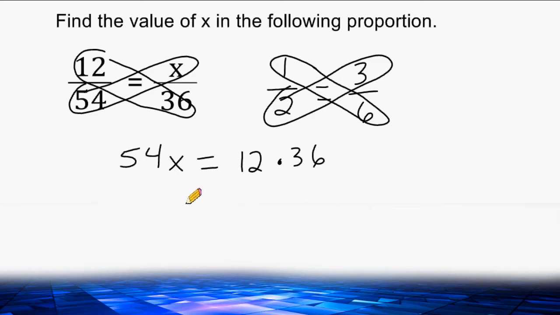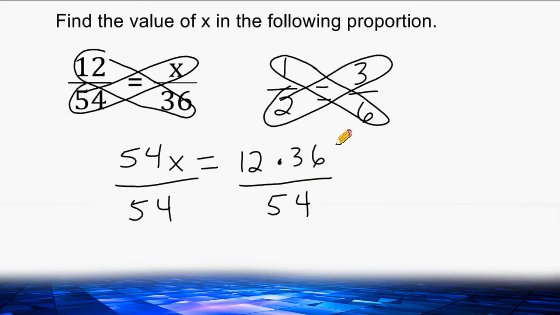Now, when isolating a variable or solving for x, what you want to do is do the inverse of what is actually going on. 54 and x are being multiplied, so we do the inverse of multiplication, which is to divide. So I'm going to take 12 times 36 and divide that by 54.